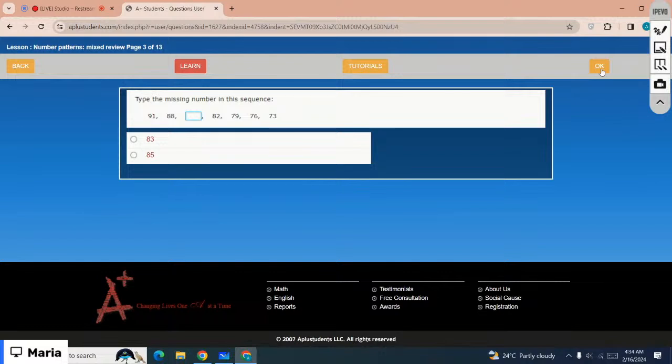Type the missing number in the sequence. So which is the next number in the sequence? The numbers are decreasing by 3, right?